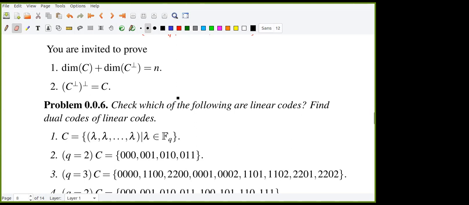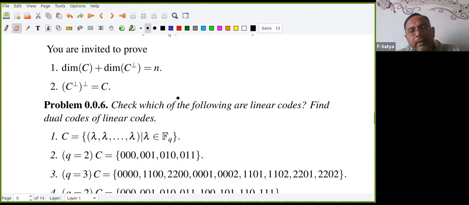Because it is a direct sum, of course the sum of dimensions will be n. Yes, very good. So every word can be written uniquely as the sum of a word from C and a word from C-perp, and for a direct sum, the intersection of C and C-perp must be trivial. But be careful about that. Is it not true that C equals C-perp?